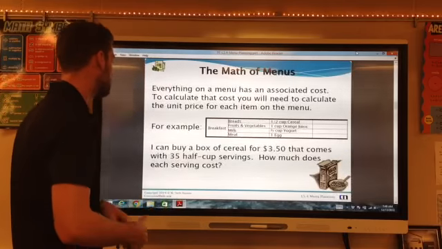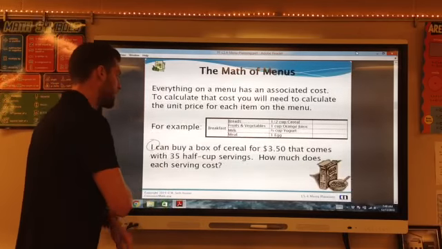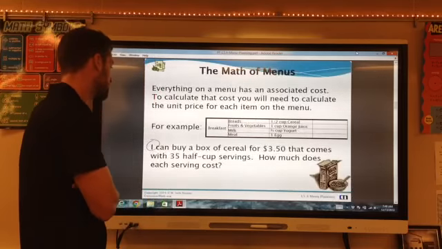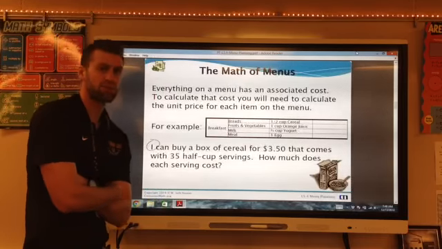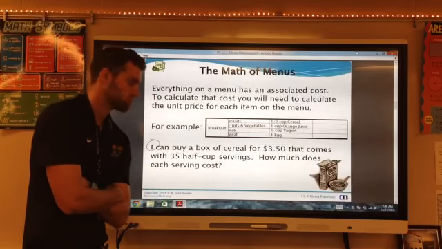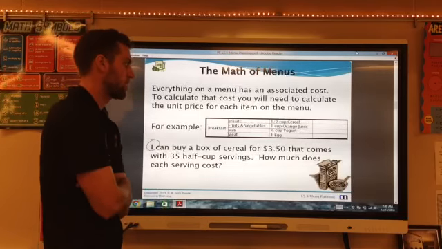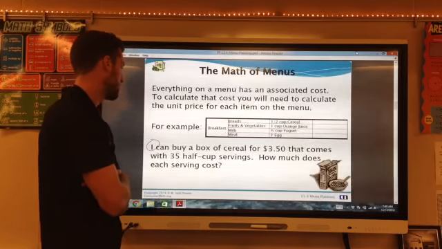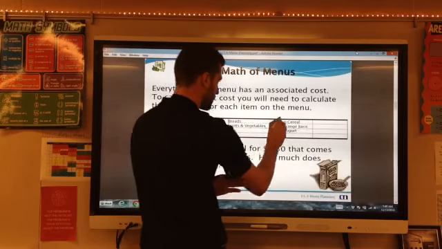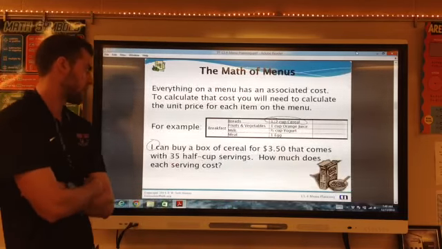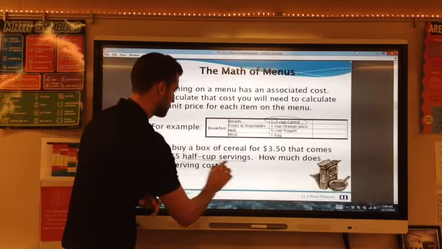So for example here it's saying that I can buy a box of cereal for $3.50. That comes with 35 half-cup servings. How much does each serving cost? That's what we want to know, because we're only having a half cup of cereal.